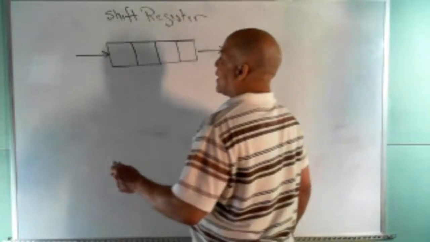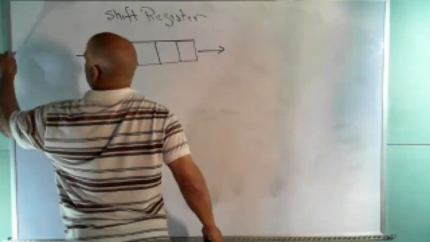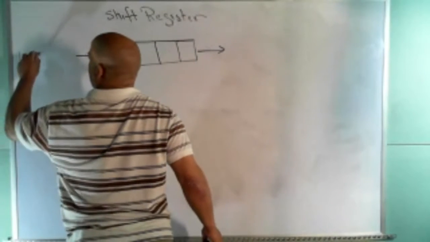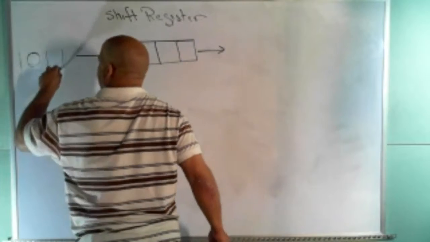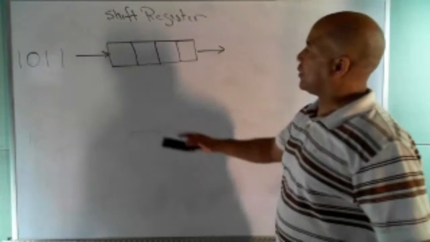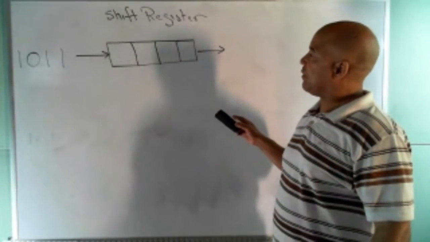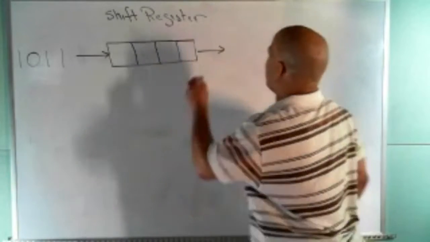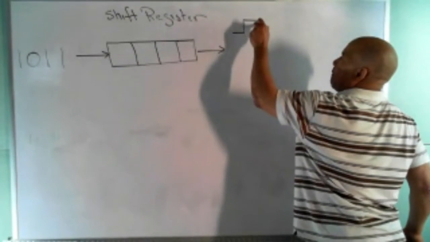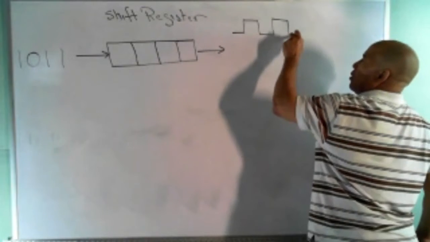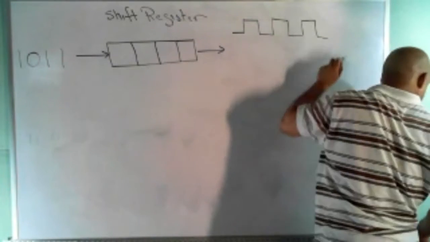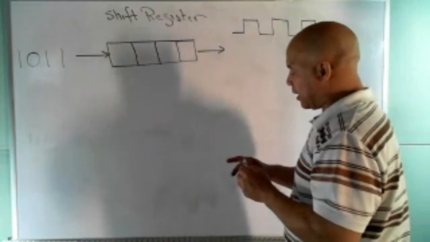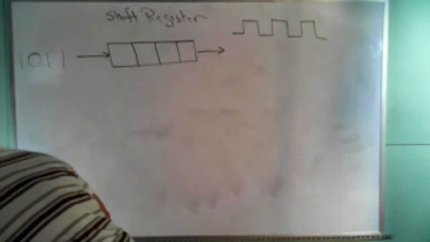But let's say I have this binary number, 1, 0, 1, 1, and I want to store that in the shift register. What happens is, remember, everything happens according to the clock. Nothing's going to go faster than the clock. So if I draw the clock, and I talk about a click of the clock, that's basically a bit time.